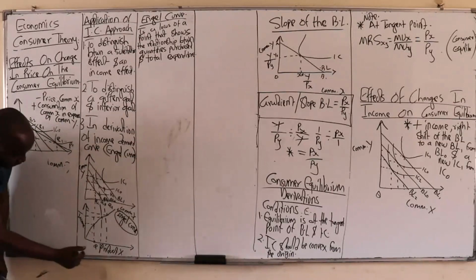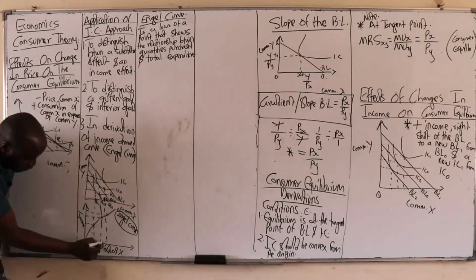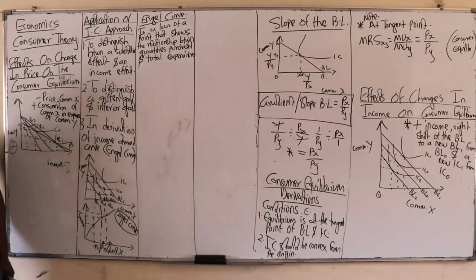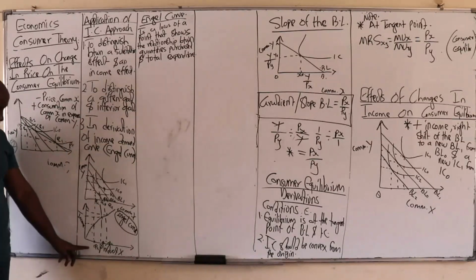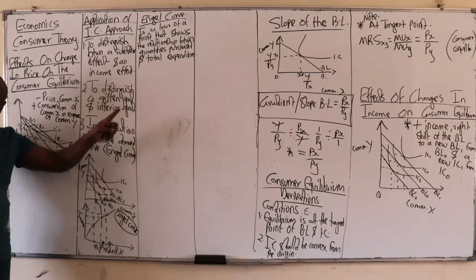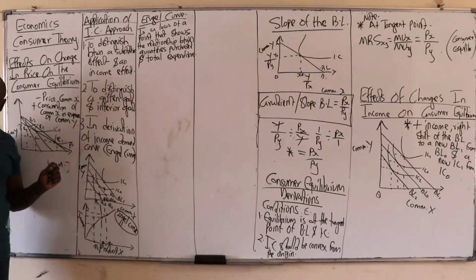As you can see, at Q0 this is a small quantity compared to the others, meaning that you shall require a small income compared to the others. That's why our Engel curve is moving upward to the right side, or in short, it has a positive slope. Are you together? Yes, it is understood. Thank you.